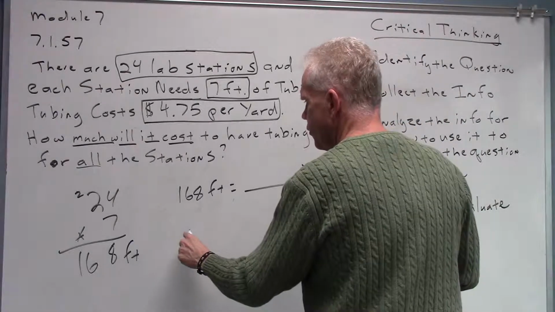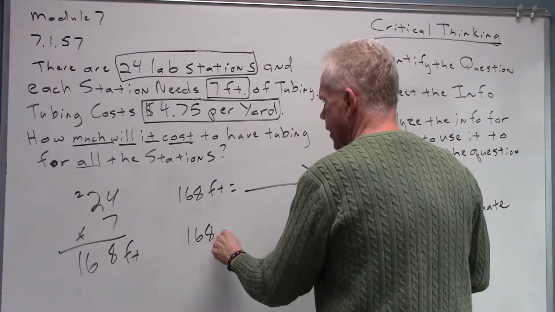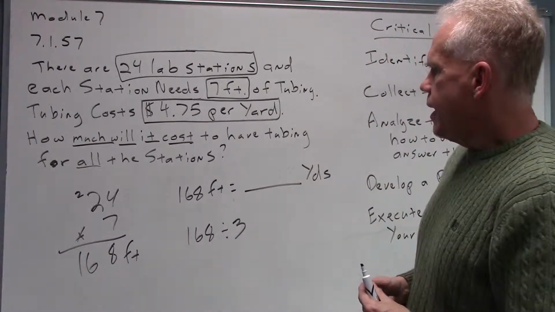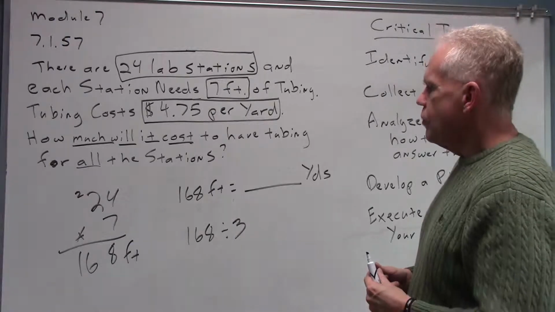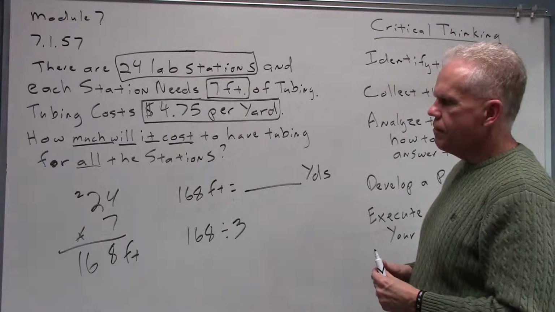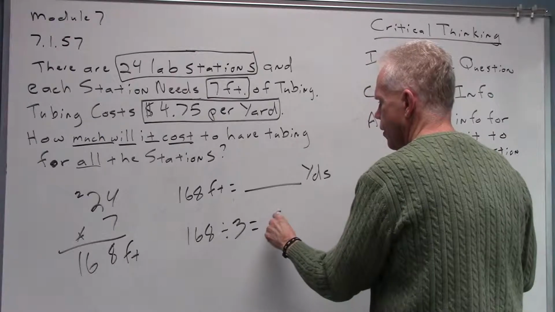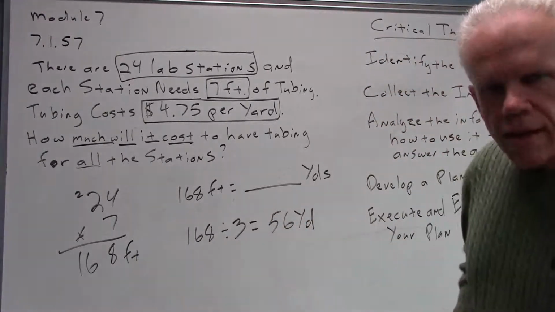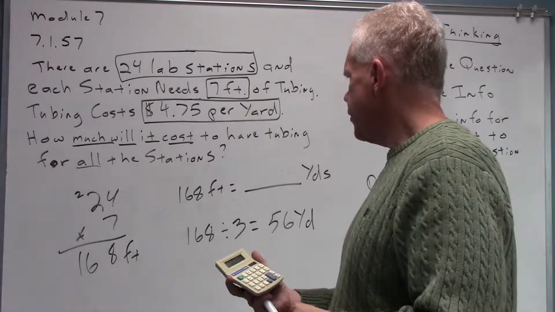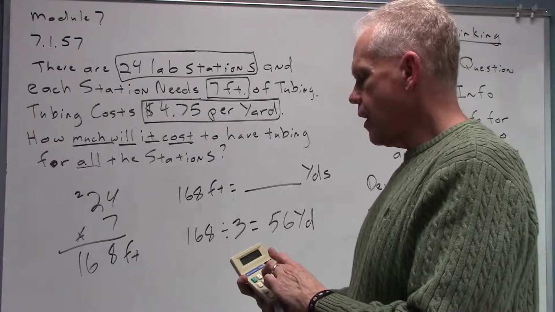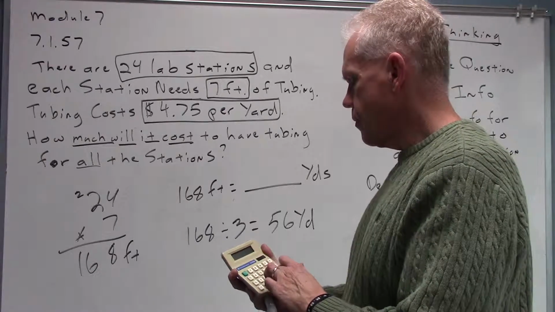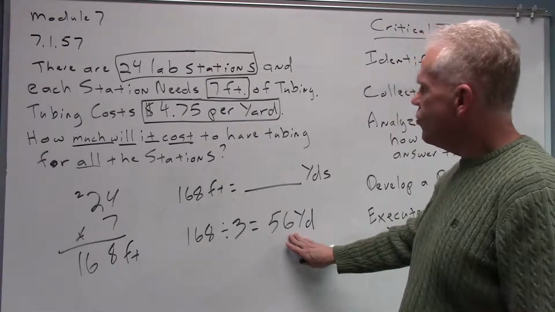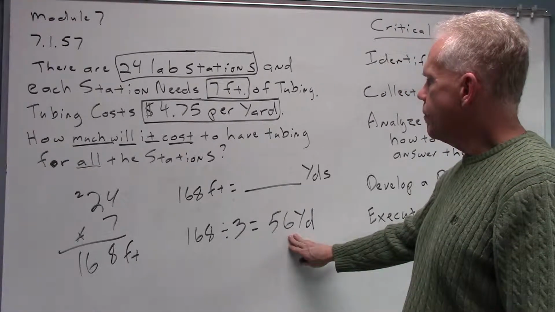So if I take my 168 and divide that by 3, because there's 3 feet in a yard, it looks like I'm going to get 56 yards. Let me double check that figure on my antique calculator here. 168 divided by 3 equals, yeah. All right, so I'm looking at needing 56 yards of tubing.